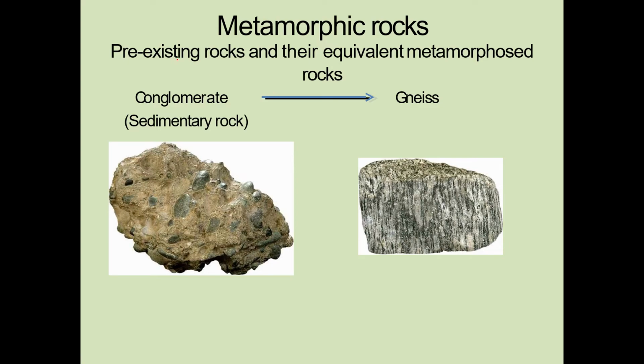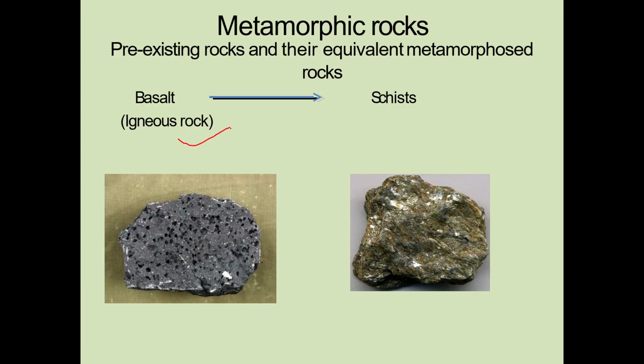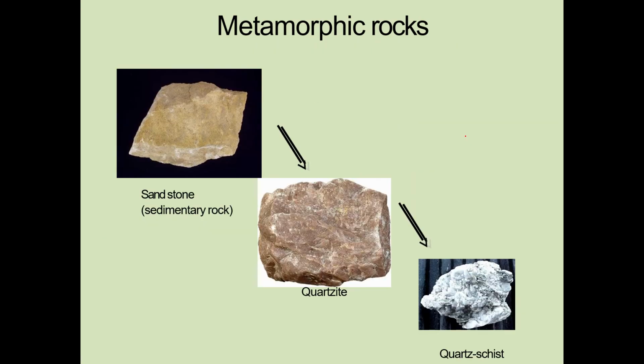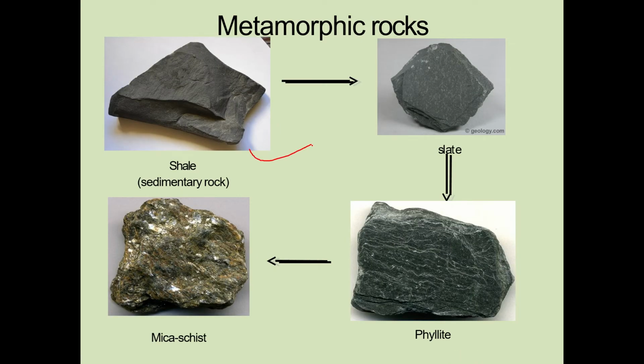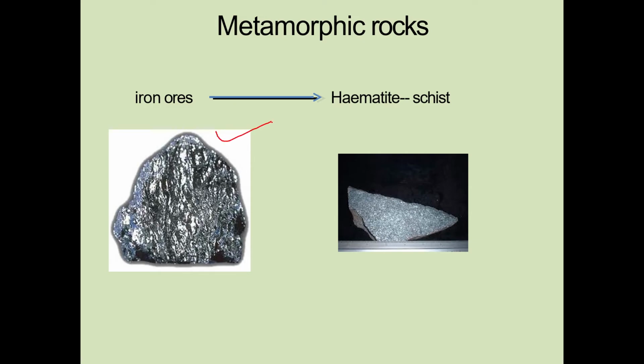Metamorphic rocks: pre-existing rocks and their equivalent metamorphosed rocks. Conglomerate will form into gneiss, basalt will form into schist, sandstone to quartzite, quartzite to quartz schist, shale will form into slate, slate will form into phyllite, phyllite will form into mica schist. Iron ore will turn into hematite.